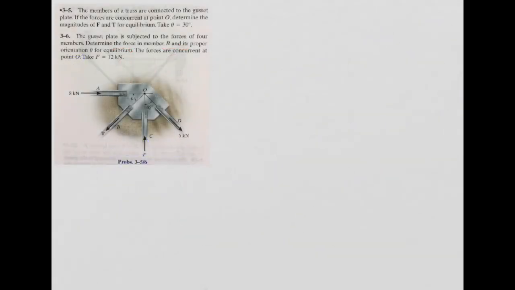Okay. So basically, like I was saying, these bars all have forces applied. And all these forces, these vectors, as you can see, are converging to point O in the figure. So basically, we can just take point O. I'm going to put it here. This is point O. And we can represent all the forces that we have applied on this point O. So we will start with this first one here, 8 kilonewtons.